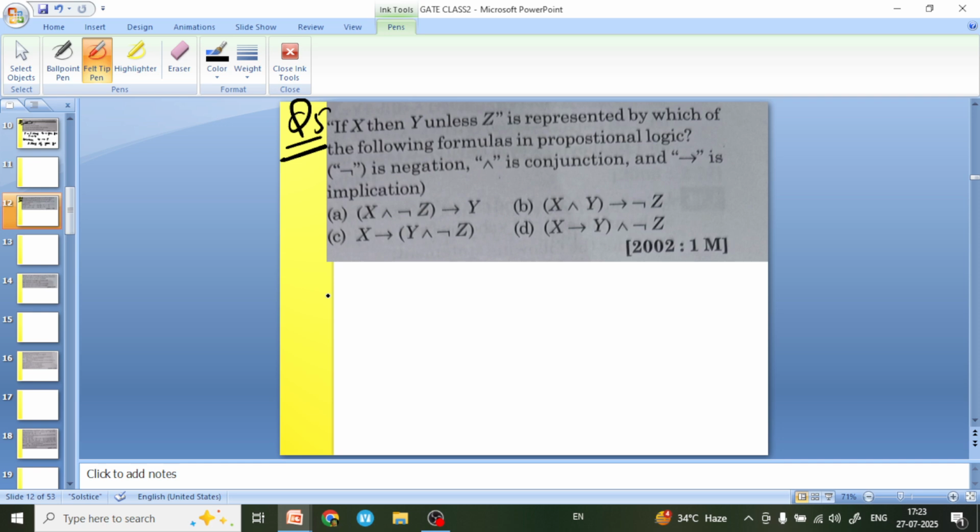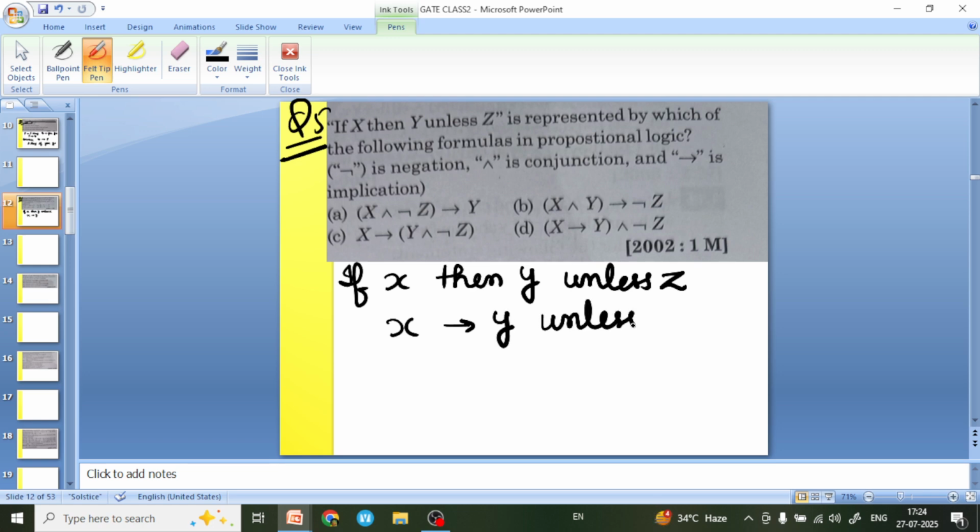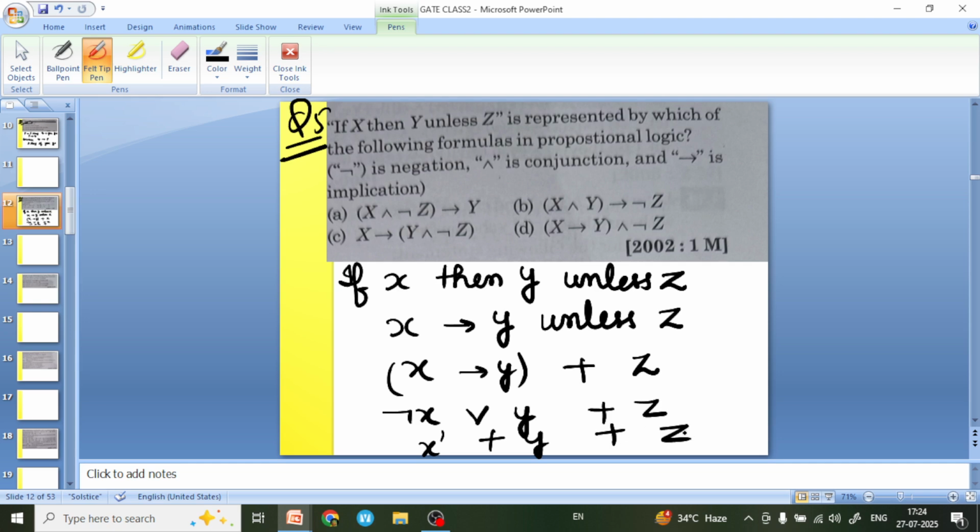And we have been given: if X then Y unless Z, it means X implies Y unless Z. X implies Y plus Z, that means not X or Y plus Z, X dash plus Y plus Z.